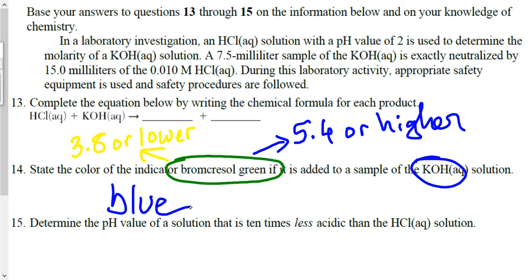And if you are using bromocresol green in a solution that has a pH of 3.8 or lower, then the color is going to be yellow. Since we are using potassium hydroxide solution, the color that we will observe is blue because it's a basic solution.